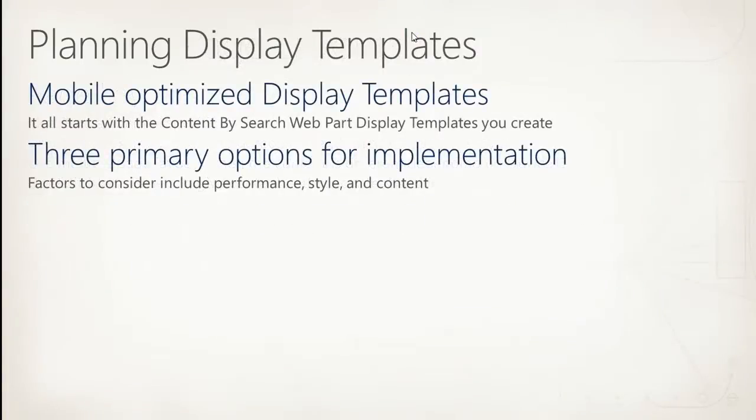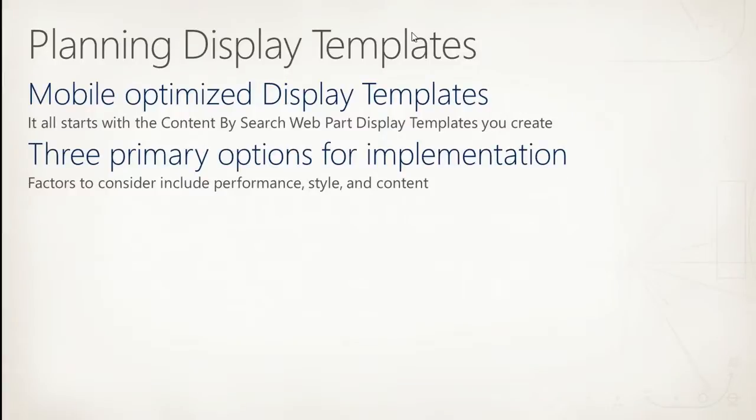Now, I talked about the three levels: master page, page layout, display templates. Inside of your display template level, this is where you're really going to be using content by search. Previously, we used the content by query web part to do the same thing. But the display templates basically define what each result looks like as it's rendered in a content by search web part.